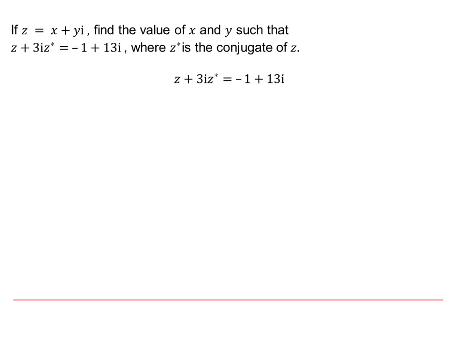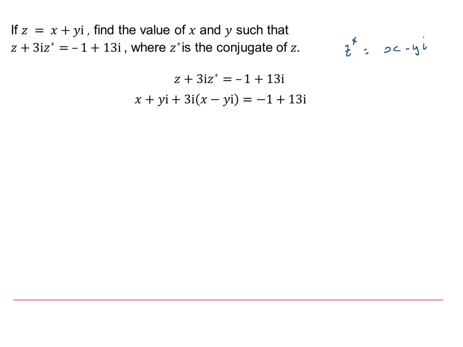Writing down that equation and remembering that the conjugate of z, z star, must be equal to x minus yi, then if we substitute for z and z star into the left hand side, we get x plus yi is z, and then we've got 3i multiplied by x minus yi.